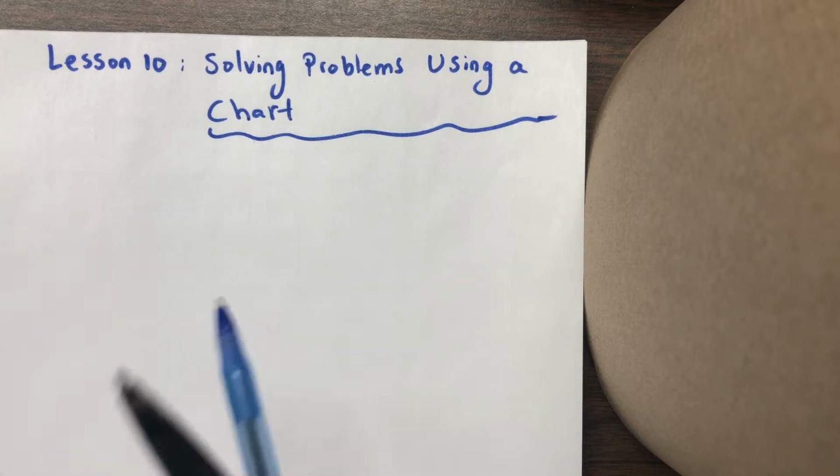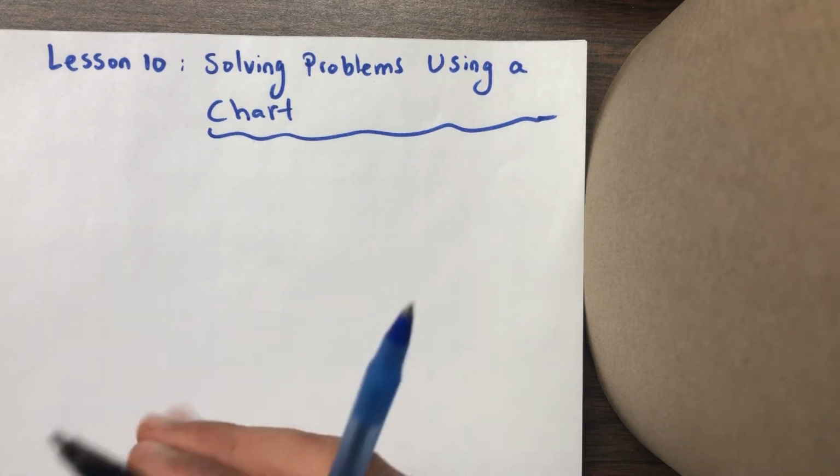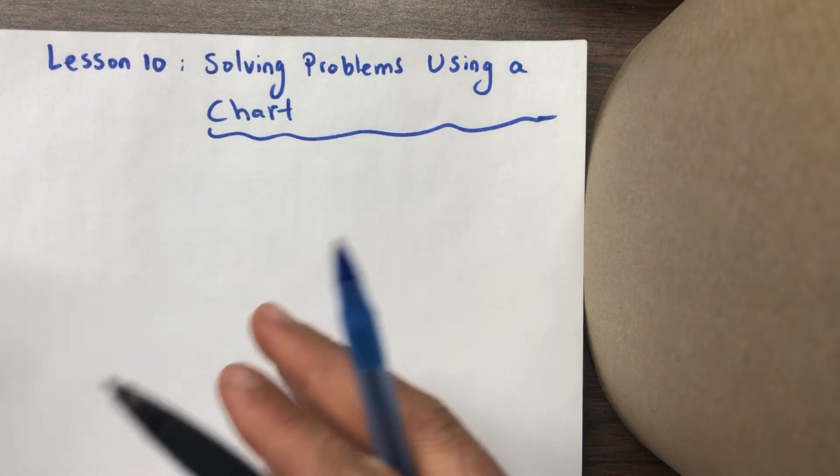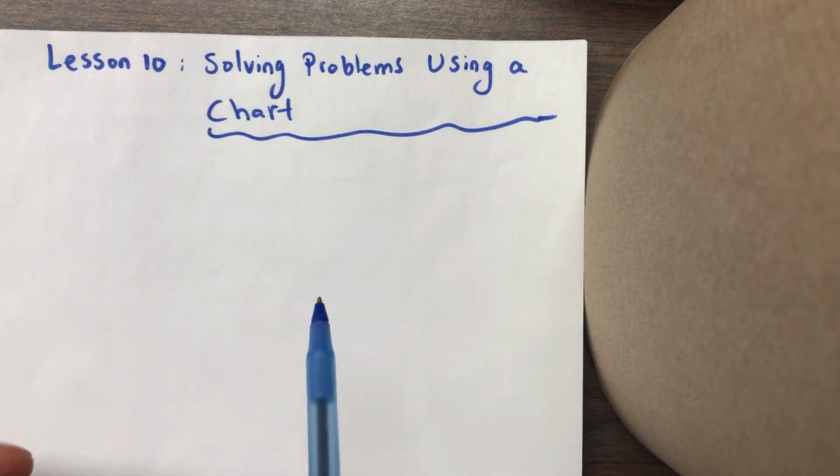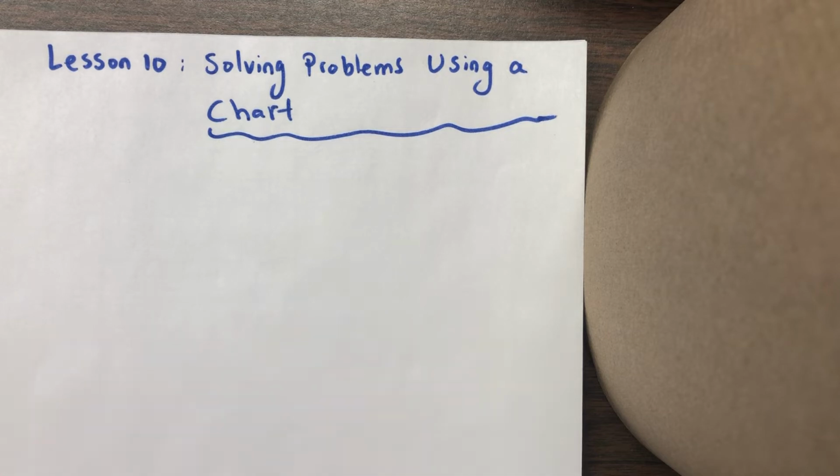So if you were sick, it would say that you were sick and this was the sickness that you had. So charts help us in different ways, is to keep the information organized.